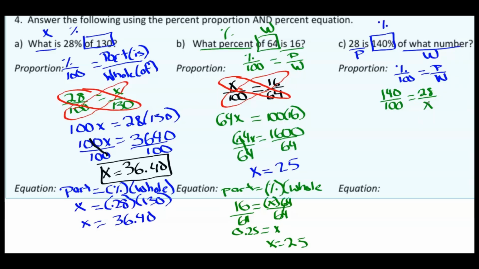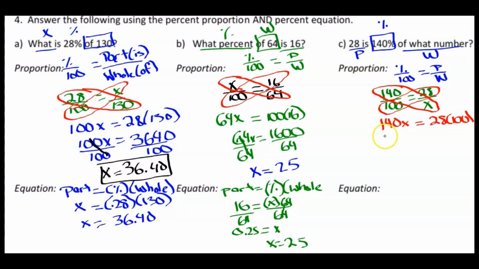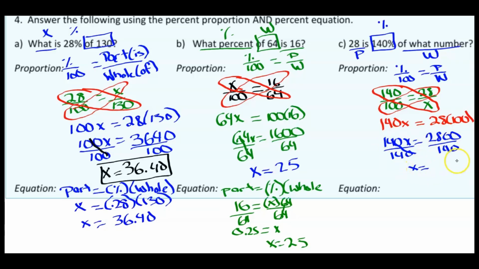Let's cross multiply. We get 140x is equal to 28 times 100. We keep our 140x, 28 times 100 is 2800. And we undo the multiplication with the operation of division. That allows us to isolate the variable x and find that x is equivalent to 20.